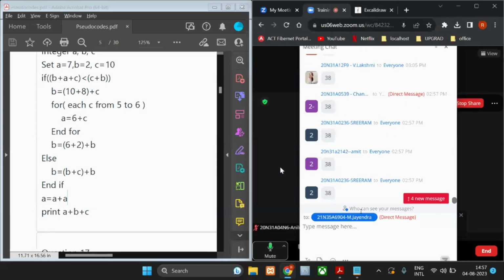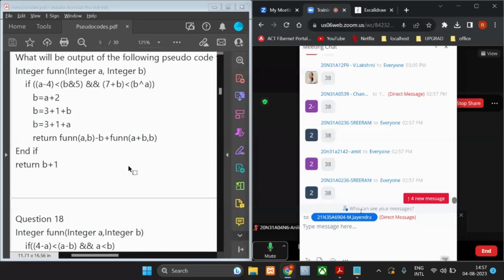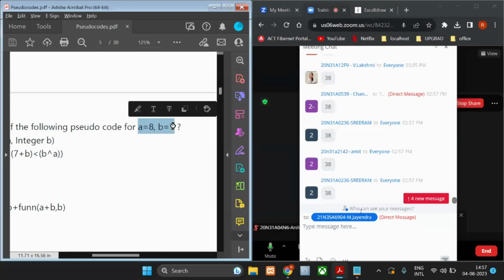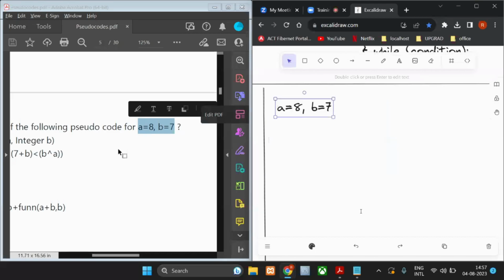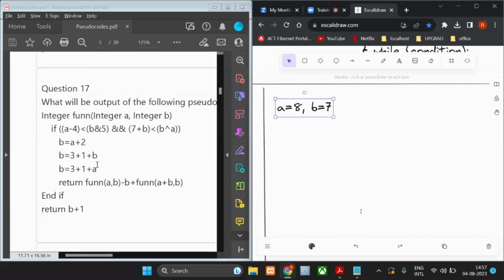So most of you got it. Good job. Okay, next. Here we have the values a equal to 8, b equal to 7. Now you guys try to answer this. This is the question, and these are the values a equal to 8, b equal to 7.